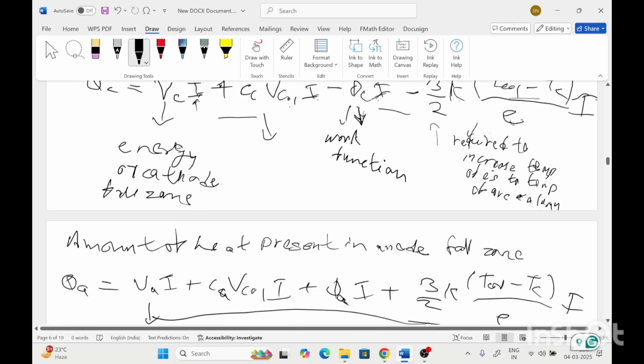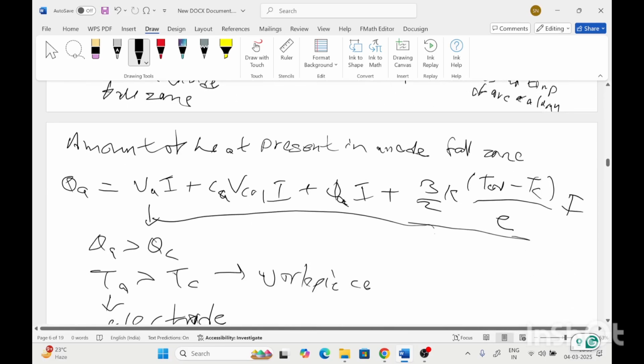Now if we see the heat present at the anode, the anode fall zone, it also has terms similar to the cathode region, but positive, and these terms add to the heat generated.